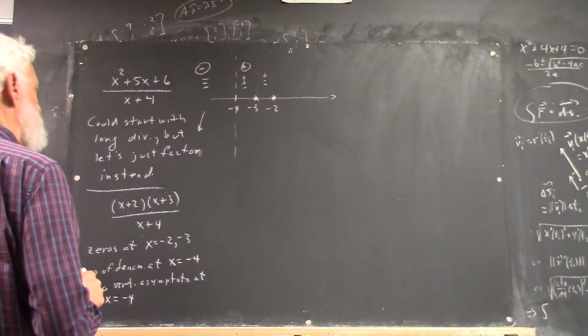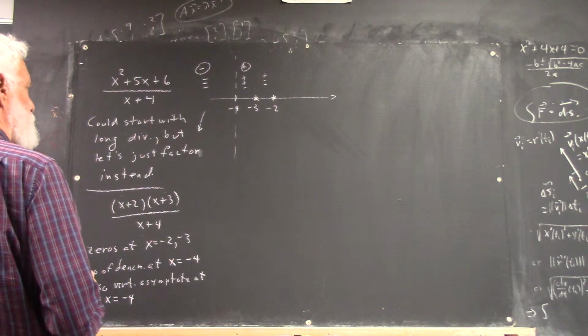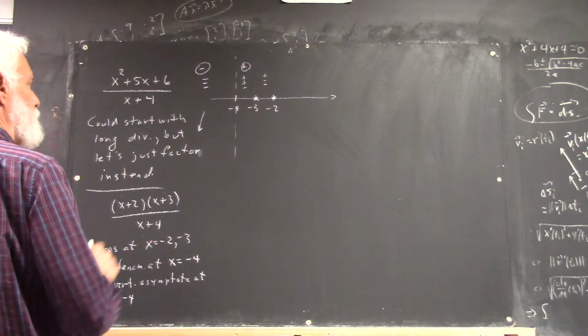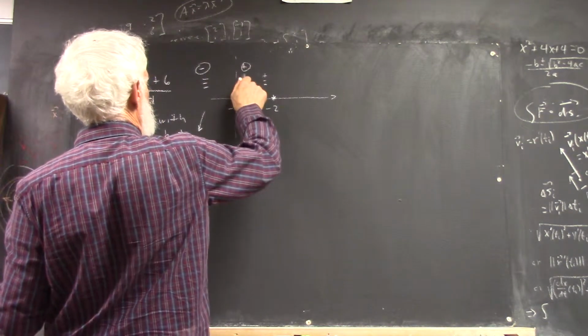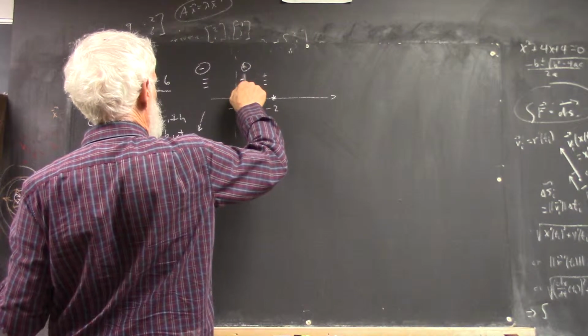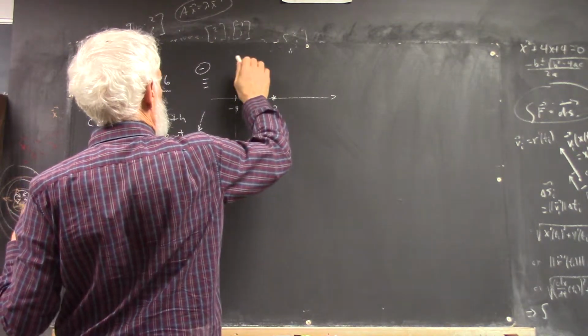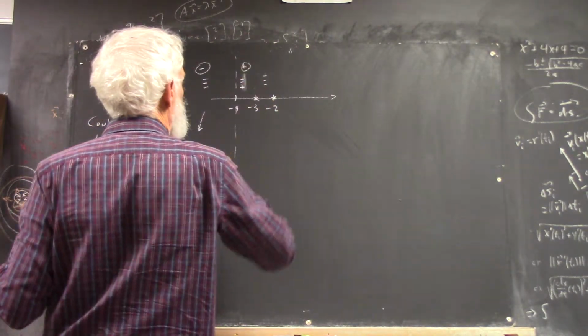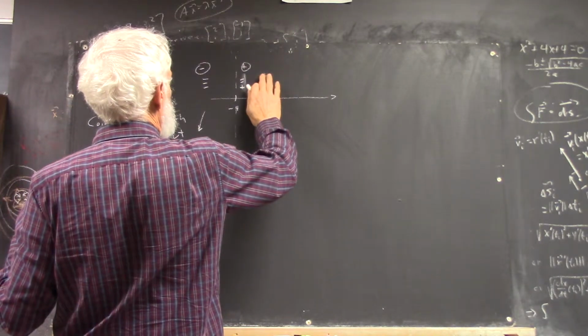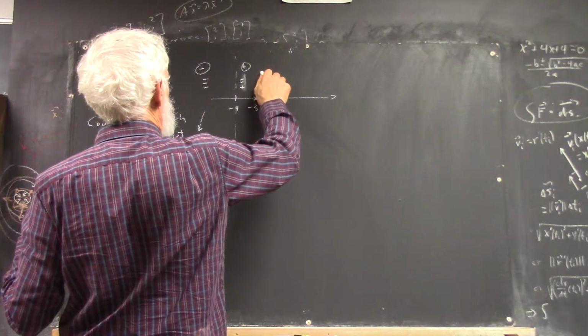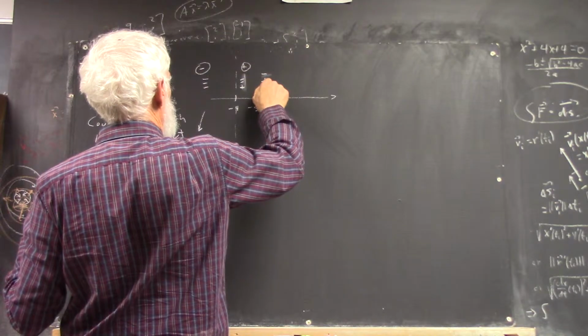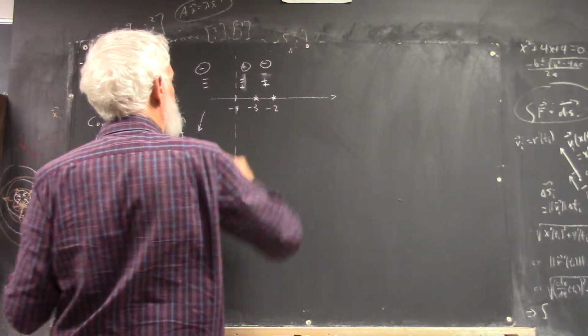Wait a minute. Yeah, I got this one wrong. I'm just being ignorant. Minus, minus, plus. Okay? So it's plus. And then it's minus, plus, plus, which makes it minus.